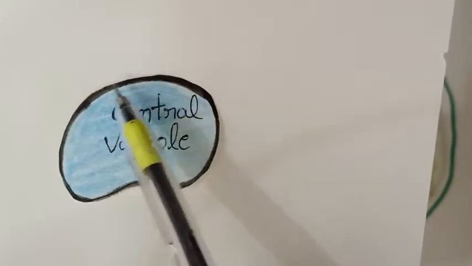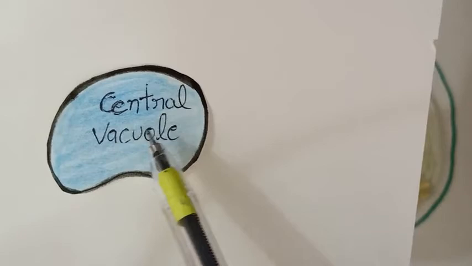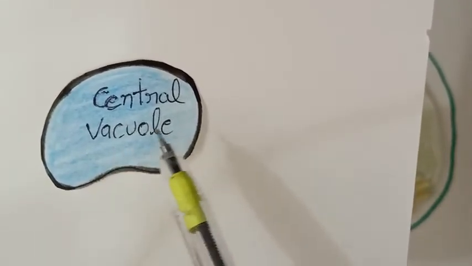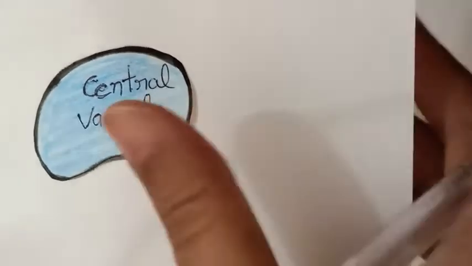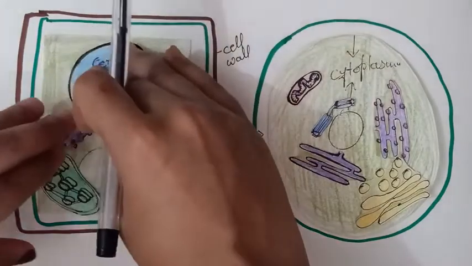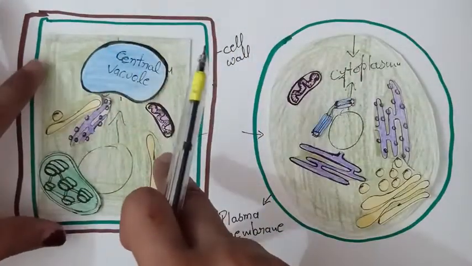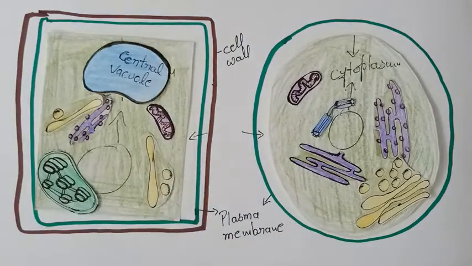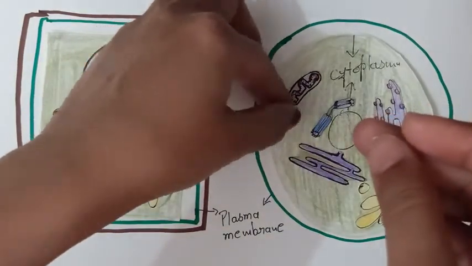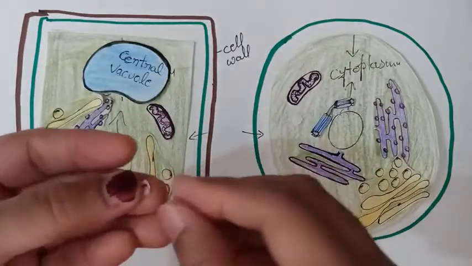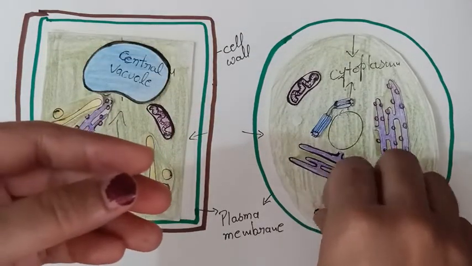In case of plant cell, they are big in shape, whereas in case of animal cell, they are very small structures.